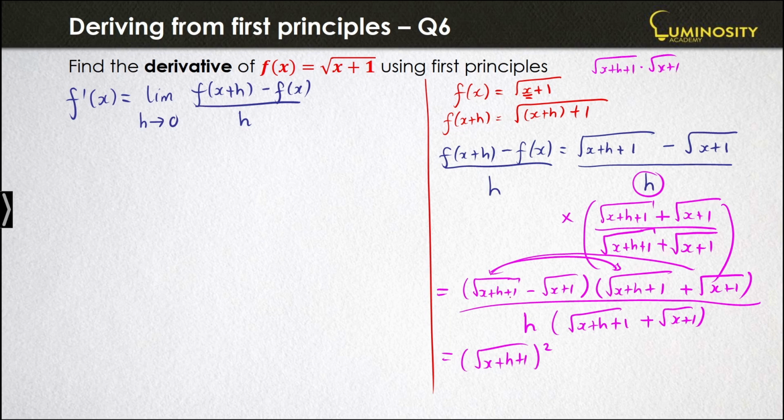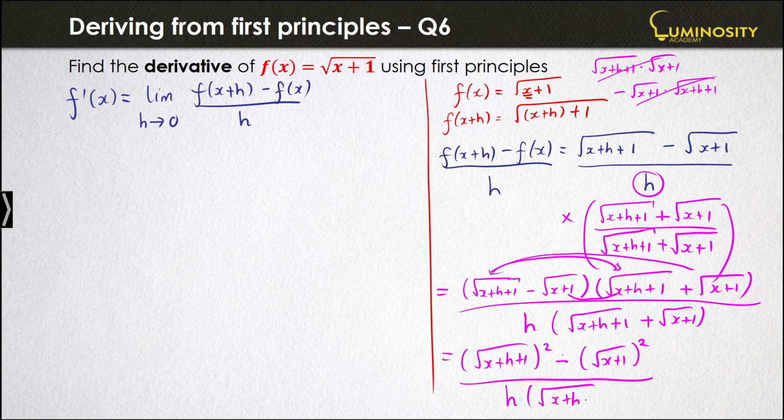For the inner terms, we're going to have a negative square root of x plus 1 times the square root of x plus h plus 1. So if we do rationalizing correctly, we see that these terms cancel each other out. Then minus the square root term x plus 1, and because we're multiplying it by itself, we are squaring it, all over h times the square root of x plus h plus 1 plus the square root of x plus 1.